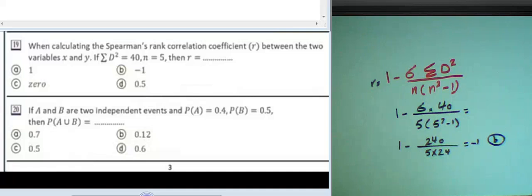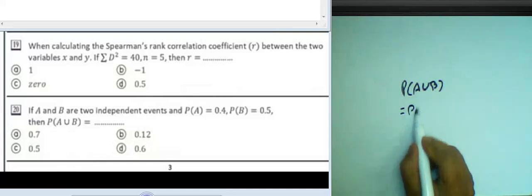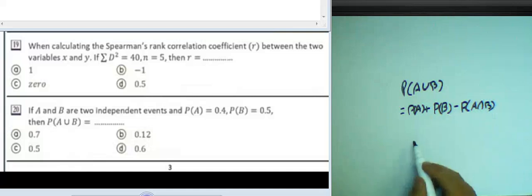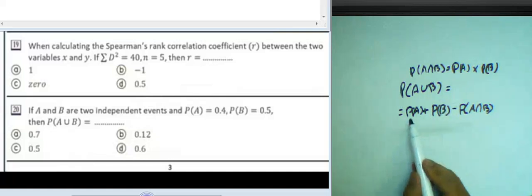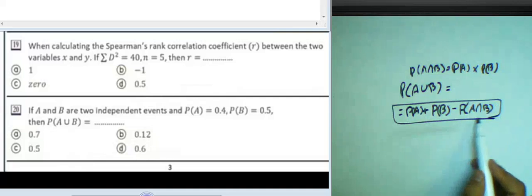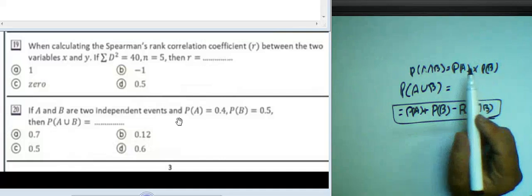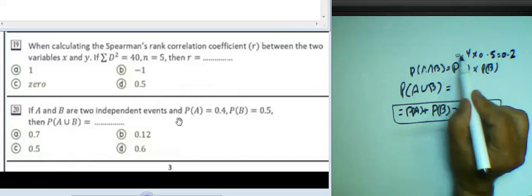Question 20. If A and B are two independent events, the probability of A equals 0.4, the probability of B equals 0.5, find the probability of A union B. We can use the rule: probability of A union B equals probability of the first plus probability of the second, minus probability of A intersection B. We know in this example it tells us two independent events, meaning probability of A intersection B equals probability of A multiplied by probability of B. It will be 0.4 multiplied by 0.5, equal to 0.2.